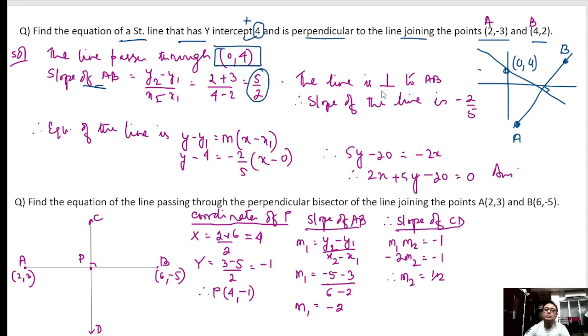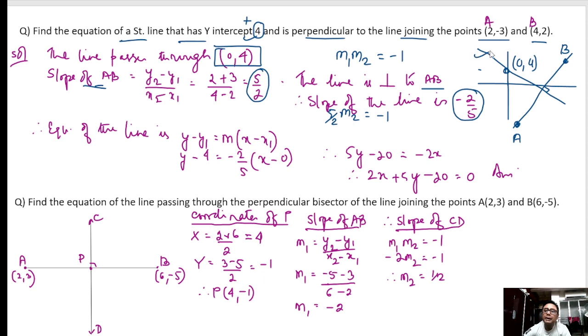Now my line is perpendicular to AB, so I will use m1 m2 should be minus 1. That means 5 by 2 into m2 is minus 1. That means my m2 will be minus 2 by 5.